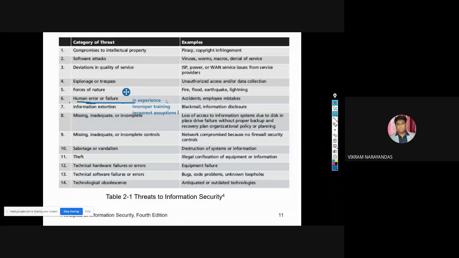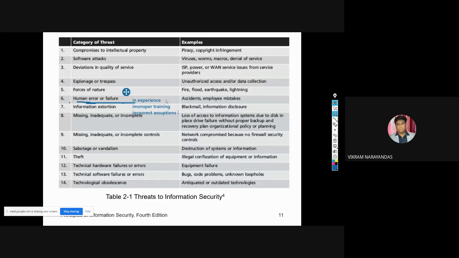So employee mistakes easily lead to revelation of classified data, accidental deletion or modification of data, and storage of data in unprotected areas. That means you are not safely storing your information. You open your computer and go out without maintaining any password.